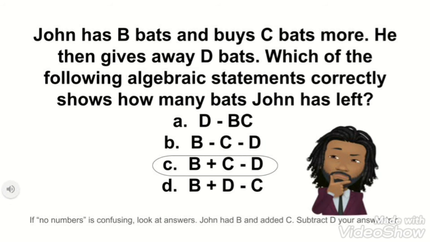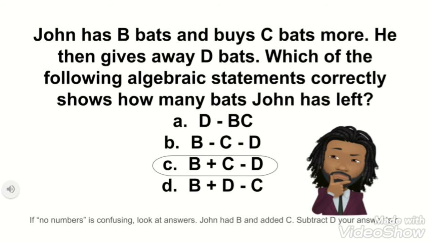If I have B bats and I bought C and then I gave away D, that means it's going to be B plus C minus D. And you just want to go to your answers and make sure you see a B plus a C minus a D. Now, you can put those in any order. You could have said C plus B minus D. You could have said B minus D plus C.